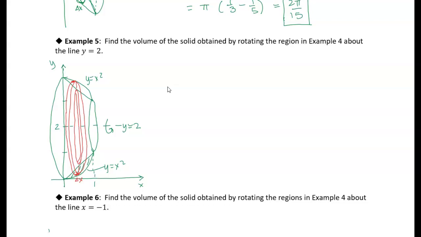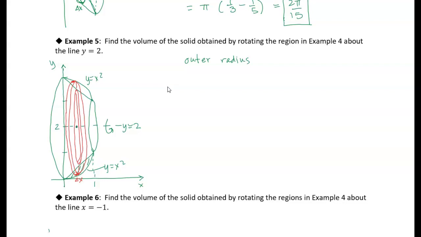So we're going to take the cross-sectional area of the washer, and then we're going to take it times the thickness, and then we're going to add up all those little washers. To find the cross-sectional area, we take the outside circle, which is defined by the outer radius. So let's first figure out what the outer radius is. The center is at 2, right?